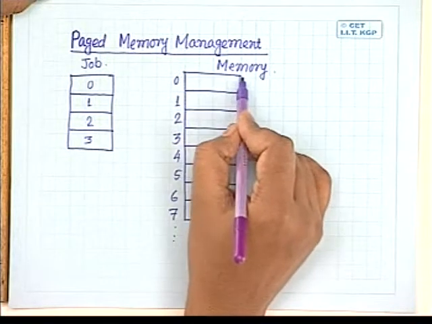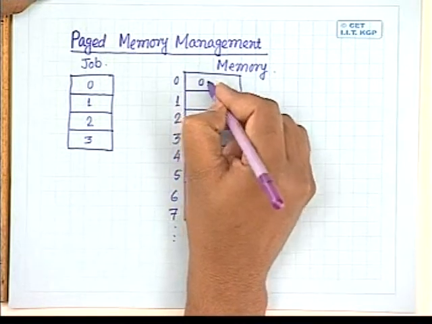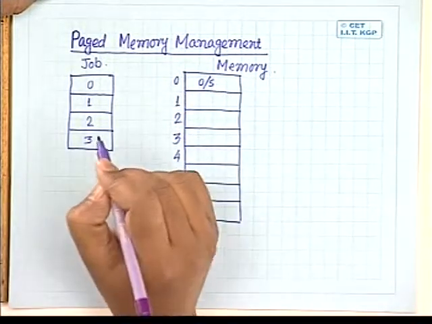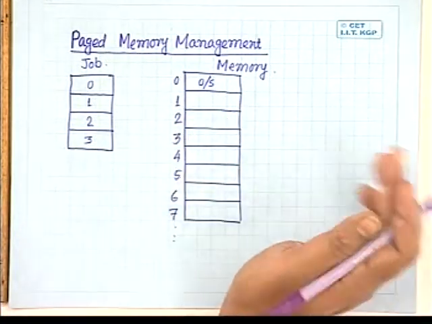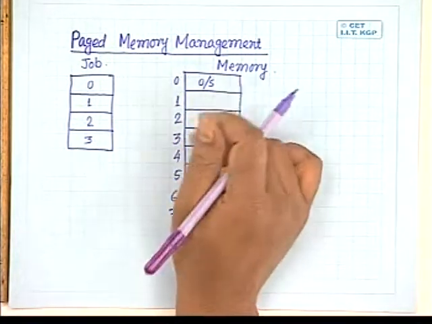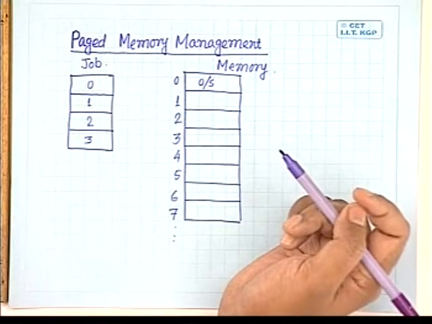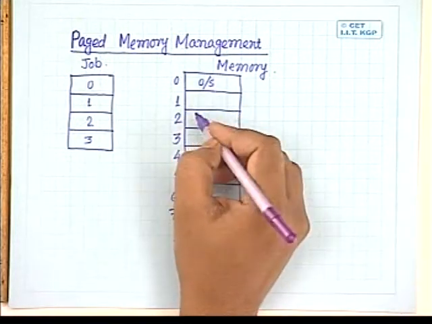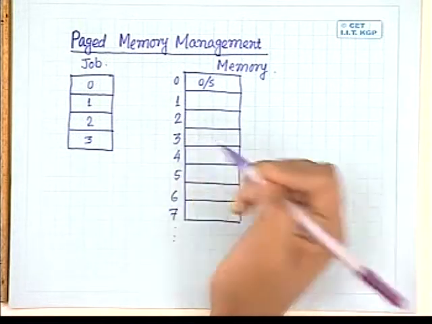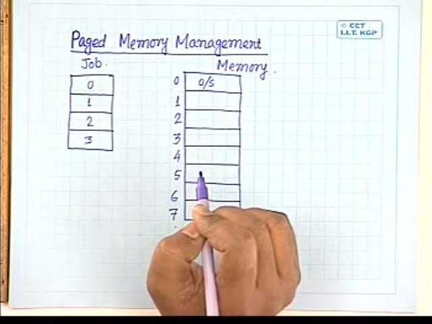Obviously, some of the frames in the main memory will be given to the operating system. It may be one frame or more than one frame depending upon the size of the operating system relative to the pages. The remaining frames can be allocated to user jobs.